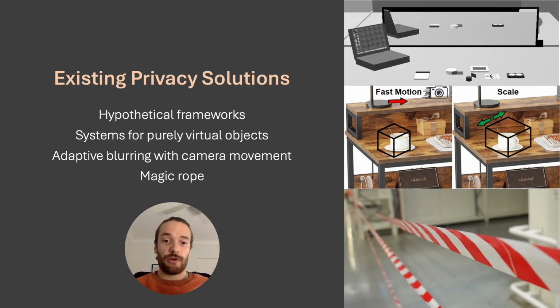There's also the magic rope, which is probably one of the closest designs. It gives users the ability to cordon off parts of their room with this rope, and anything behind it can either be blacklisted or whitelisted. The one mentionable thing with both the magic rope and the adaptive blurring is that they use blurring.